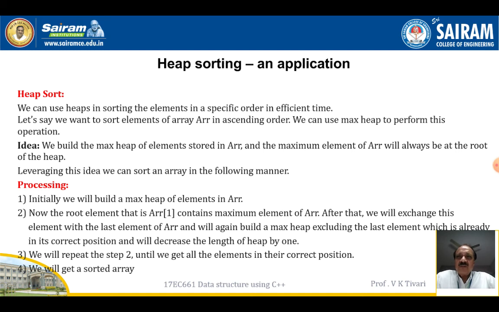Now the root element, that is array 1, contains the maximum element of the array. After that we will exchange this element with the last element of the array and again build a maximum heap excluding the last element, which is already in its correct position, and decrease the length of the heap by 1. We repeat this step until we get all the elements in their correct positions, and we get the sorted array.